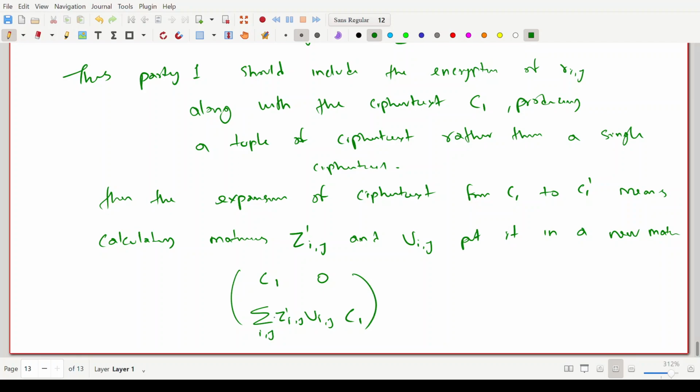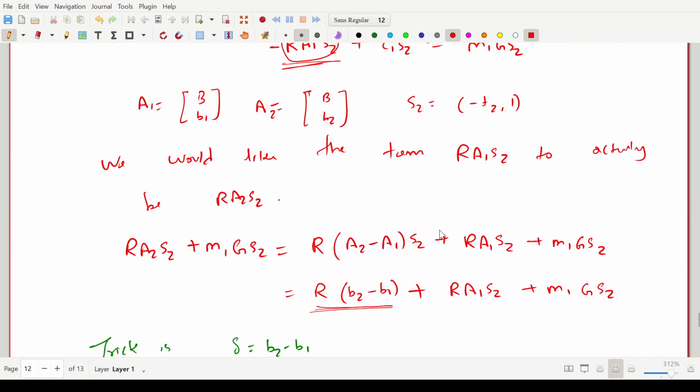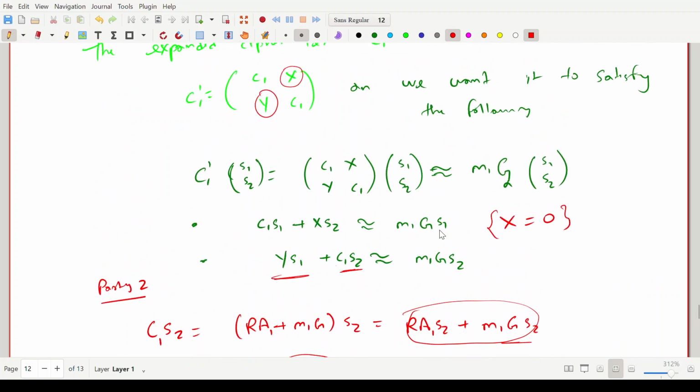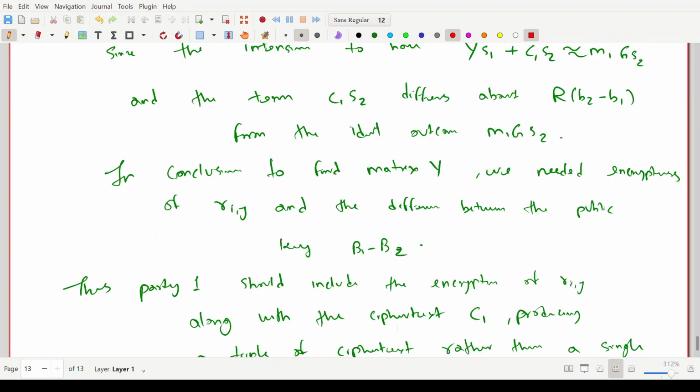The condition was if you multiply this with your secret key S1 S2, look at the condition which I had asked earlier: I should be remaining with these two. Whether I am getting it or not, let me just check.